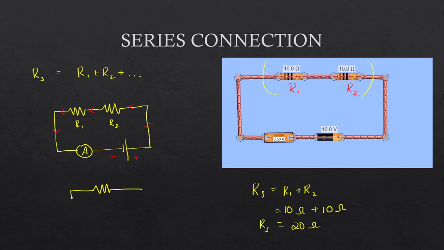So I can connect a 20 ohm resistor rather than two 10 ohm resistors and would still get the same outcome. So instead of connecting two 10 ohm resistors, I will now connect a single 20 ohm resistor. This is the total resistance offered by both of these together. Such connections are called series connections, and this is how you find the effective resistance of resistors connected in series.